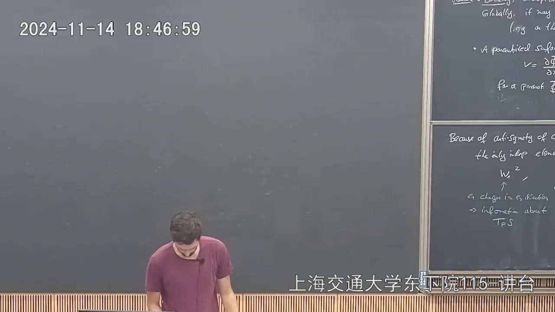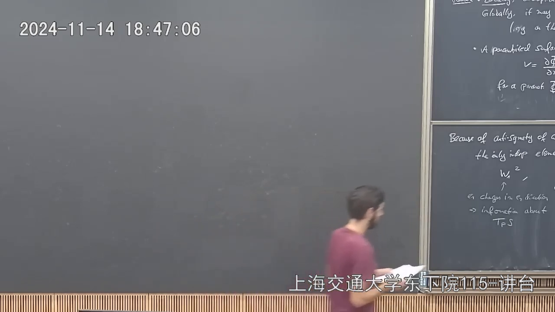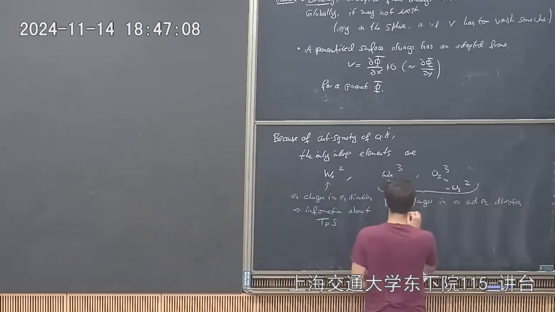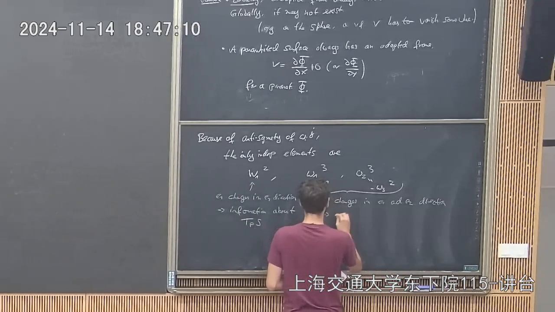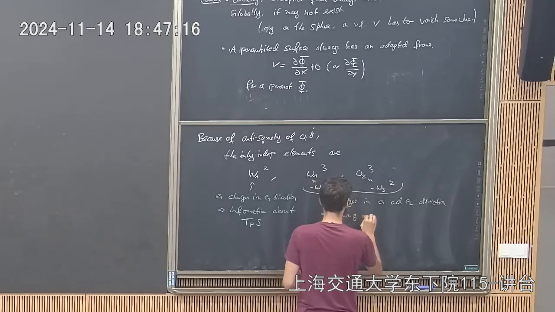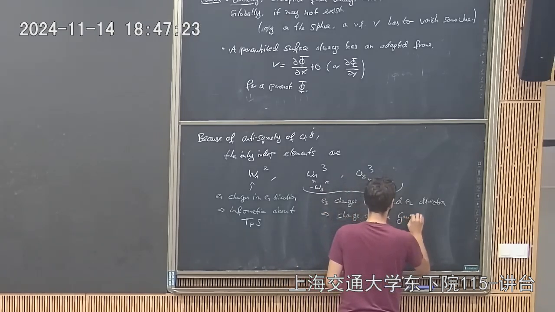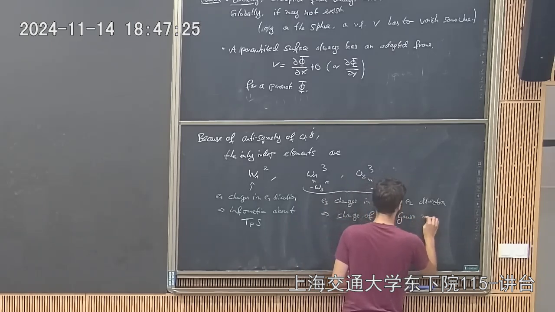So it gives you information about the change of the Gauss map, the normal vector.